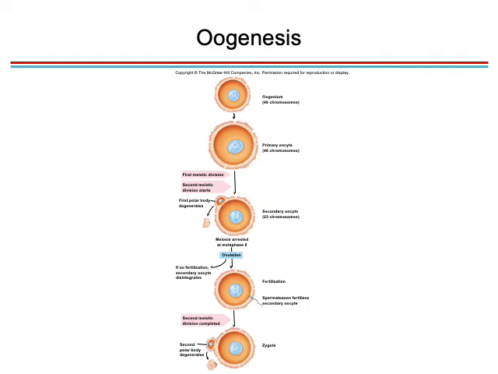Each of them are turned into a primary oocyte contained within the primary follicle. One gets chosen to begin the development into the secondary oocyte, goes through the first meiotic division, but instead of two cells being produced like we saw with the sperm, only one cell is produced as that second cell degenerates.